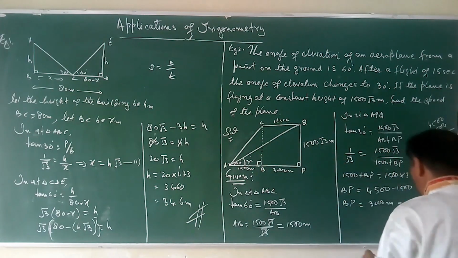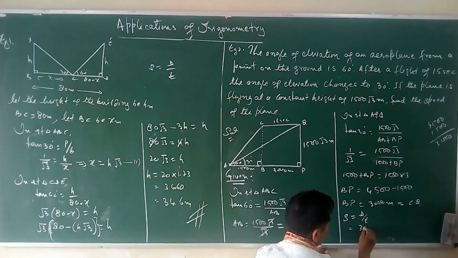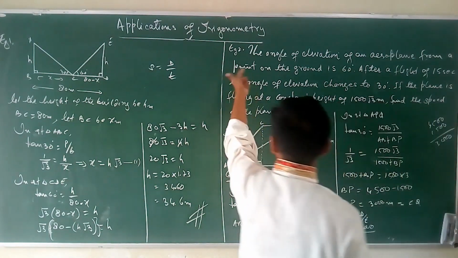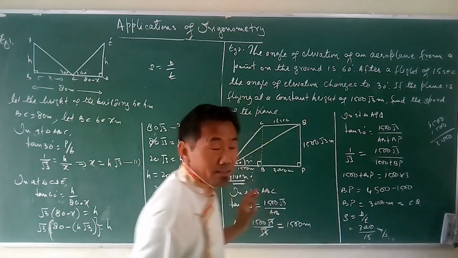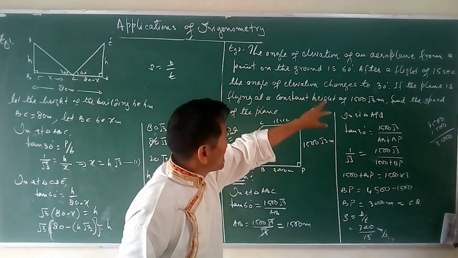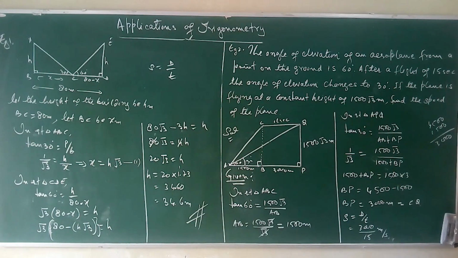Now the speed. Speed is equal to distance by time. The distance is 3,000 meters, divided by the time of 15 seconds, in meters per second.